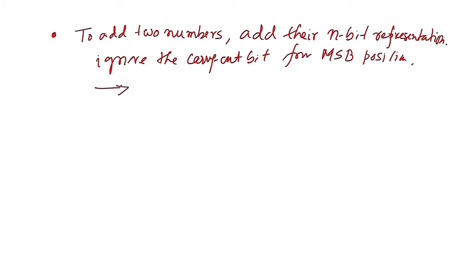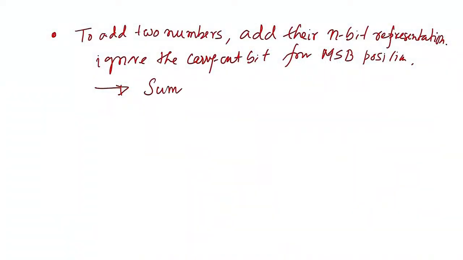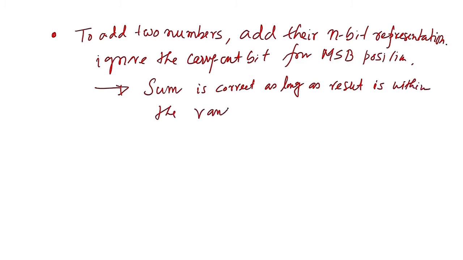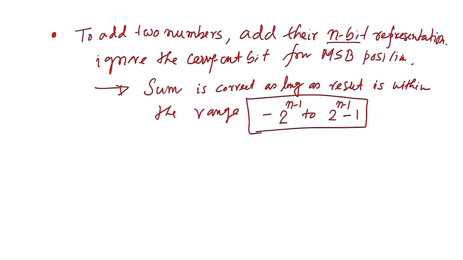So, this sum will be correct if the result is within the range. Therefore, the sum is correct as long as the result is within the range of -2 to the power n minus 1 to 2 to the power n minus 1, minus 1, where 1 bit goes for the sign bit.